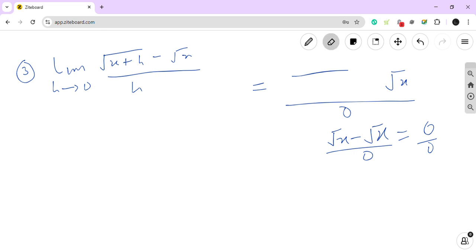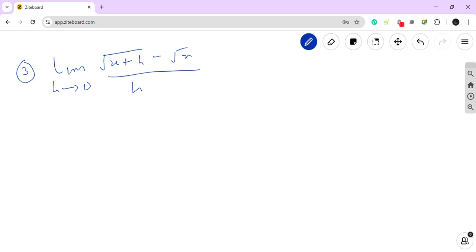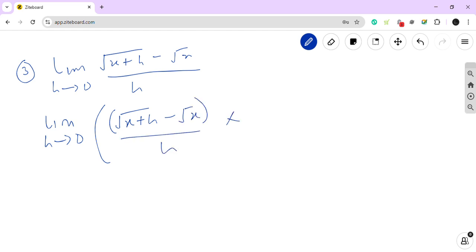Alright, so don't forget I already told us that we are trying to avoid that. So anytime you have this kind of question, what you have to do is multiply the numerator and denominator by the conjugate. So I can write this as limit as h tends to 0 of root x plus h minus root x over h. I will multiply the one up and the one down with the conjugate of the numerator, which is this, but plus now, not minus.